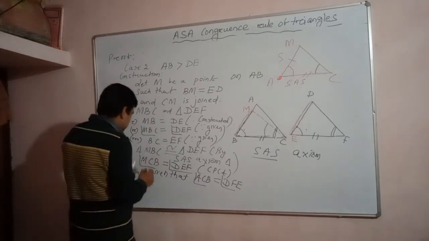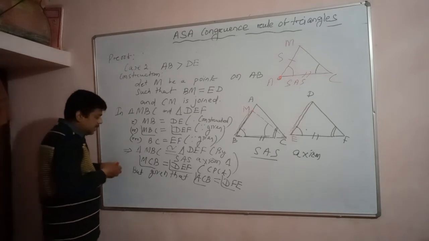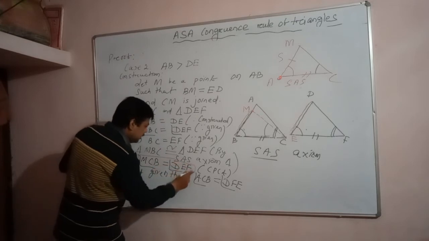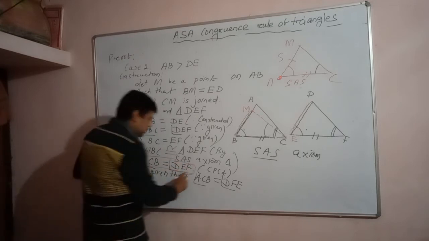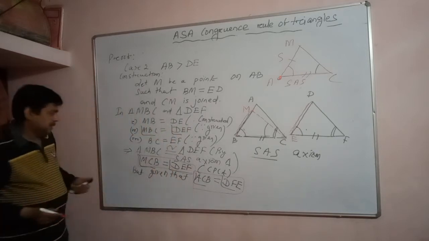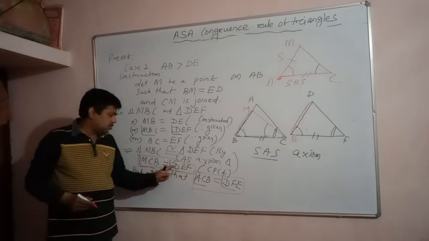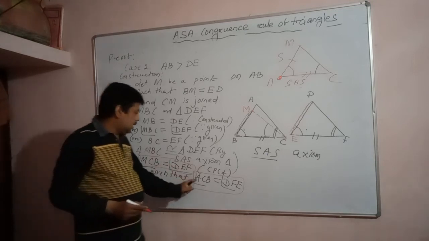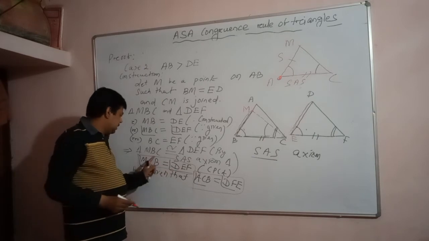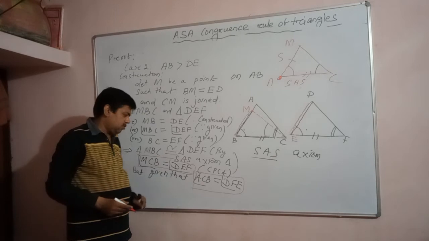It means you see now, MCB angle is equal to DFE angle in this structure, and ACB angle is equal to DFE angle. MCB angle is equal to DFE angle and ACB angle is equal to DFE angle. It means MCB angle must be equal to ACB angle. Yes or no?